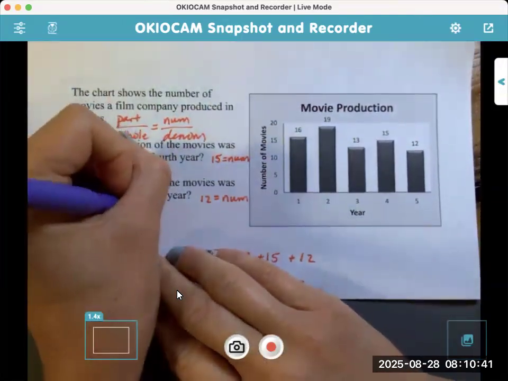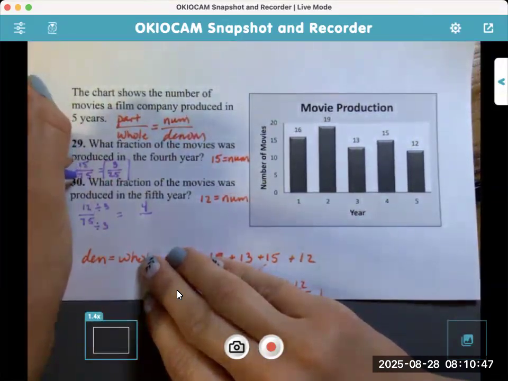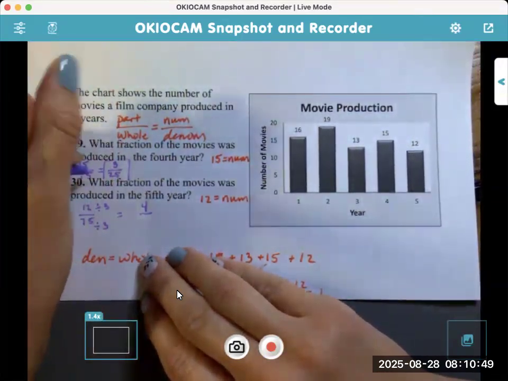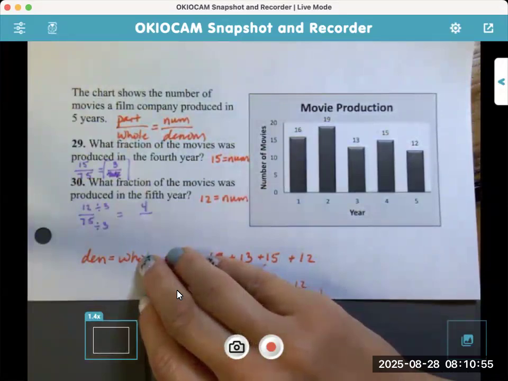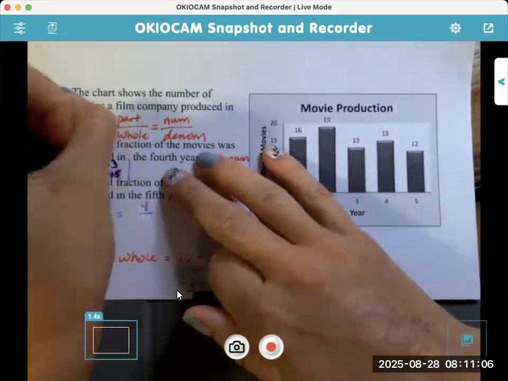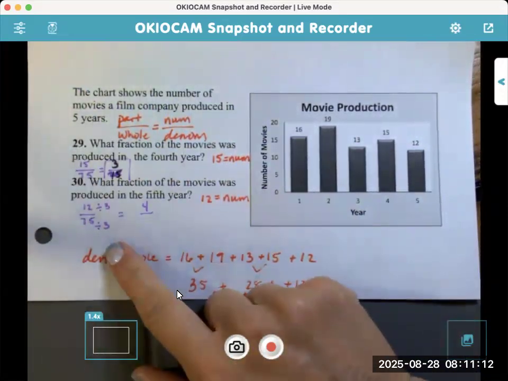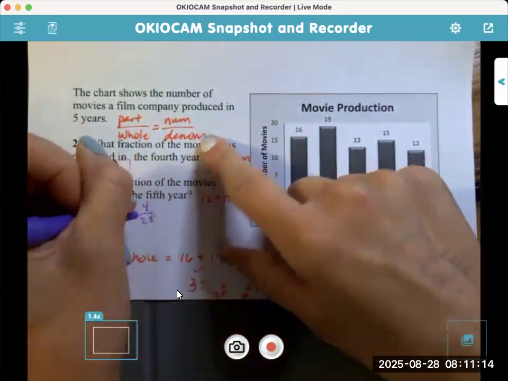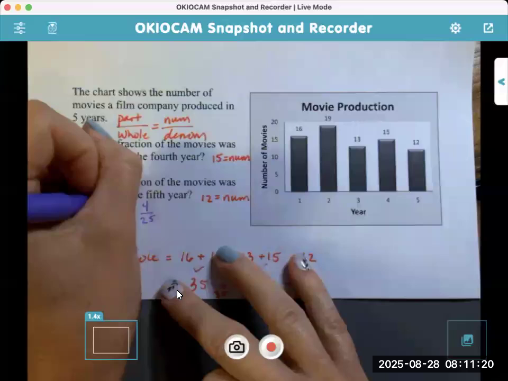So 12 divided by 3 is 4. 75 divided by 3 is 25. Okay, and 4 and 25 have no common factors, so that is in lowest terms. And 3 over 15 for the 4th year simplifies by 3 again to 1 over 5.